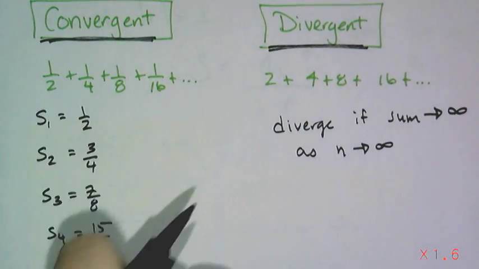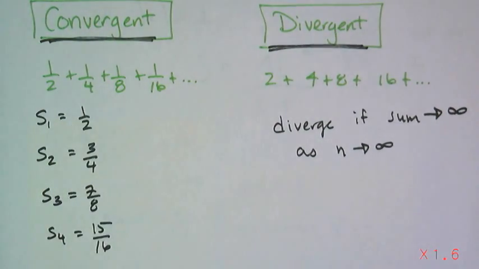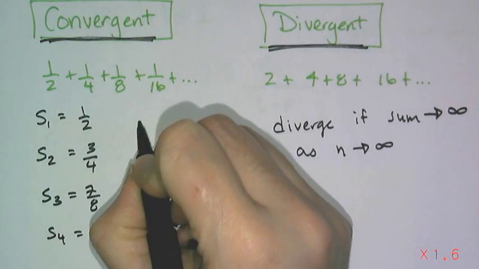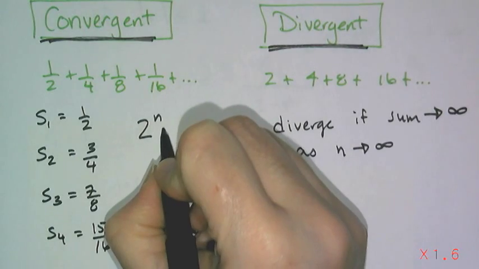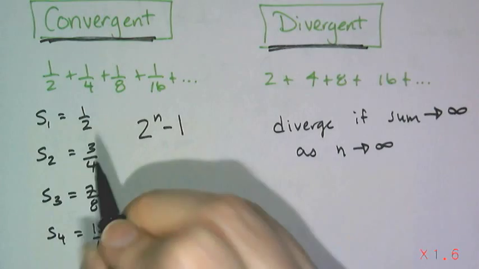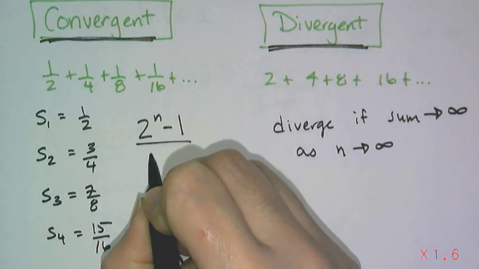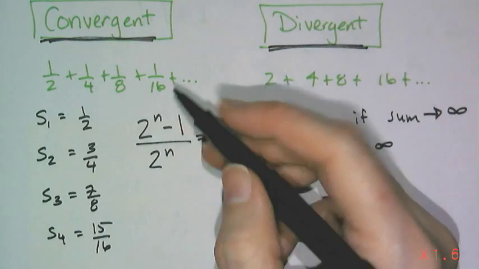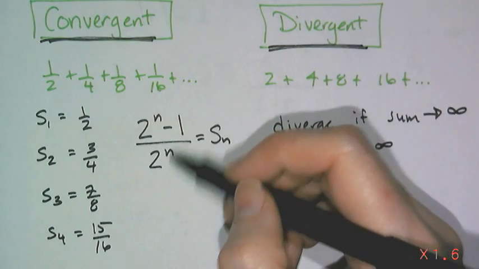And so if I think about what happens in the numerator and denominator in relation to n, the numerator is a power of 2 that's had 1 subtracted from it, and the denominator is plain old 2 to the nth power. And that's the formula for this sum.